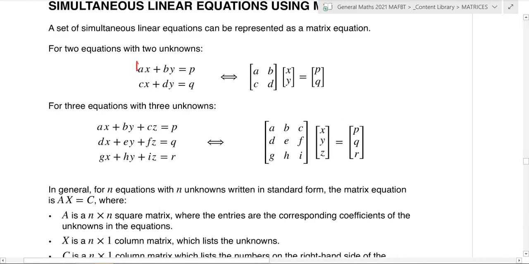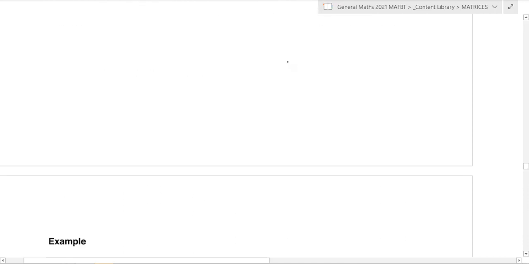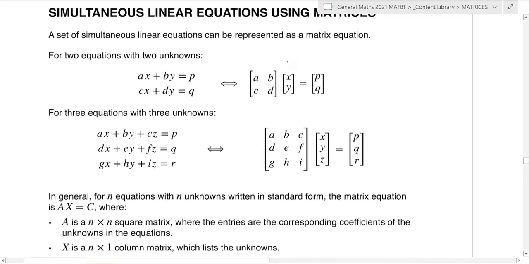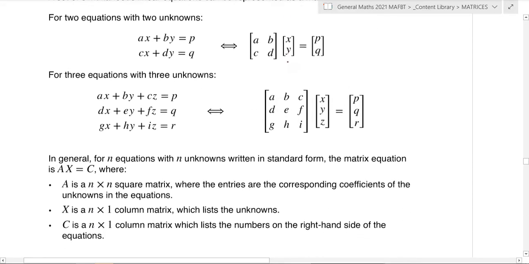In here, these represent numbers, and these are also numbers, but these are your unknowns right here. So what they've done is they've put all of the numbers on this side of the equal sign in one matrix. They've put the unknowns in another matrix, and then they put these answers in a separate matrix. So you'll see that it's broken down into three different matrices.